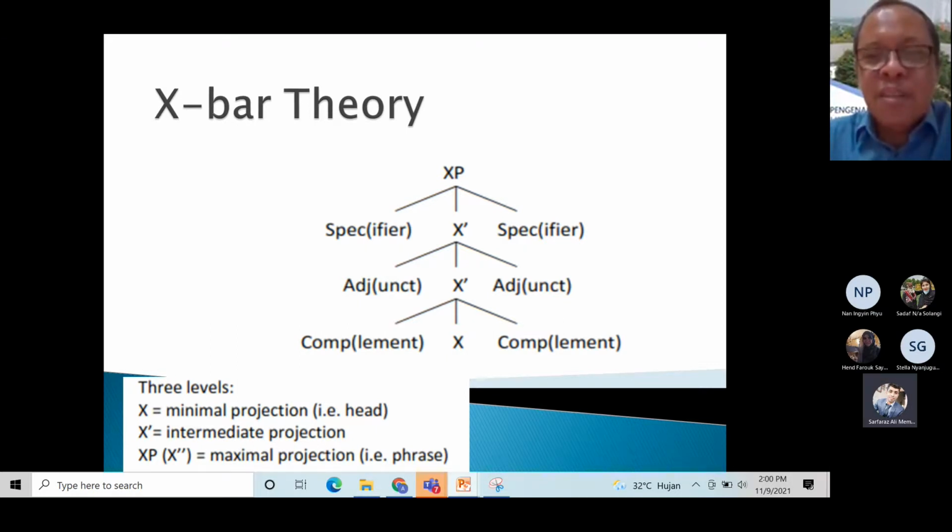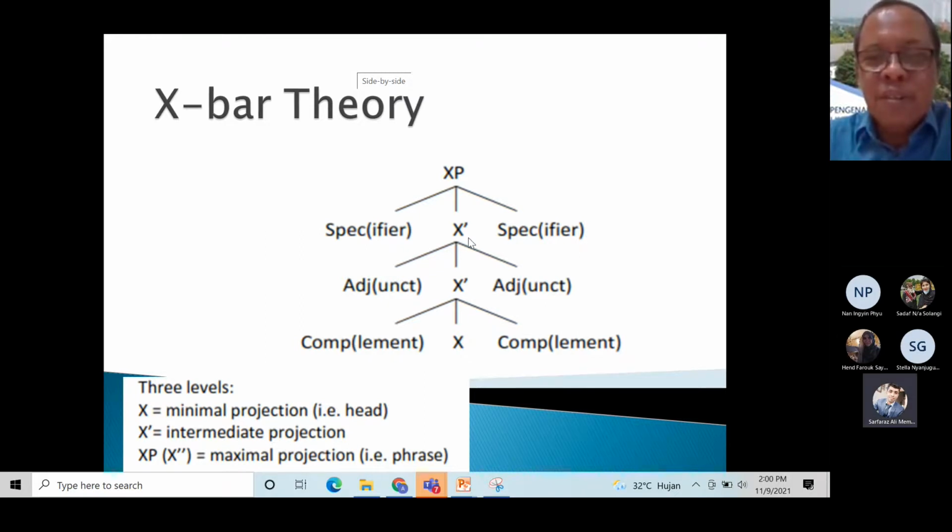If it is a noun phrase, then you replace X with N. Then it goes to N bar, and underneath N bar, go to N bar again, and then you have the adjunct of the noun phrase. If it is a verb phrase, then V bar, and then go to V bar again, and there is the adjunct. So an adjunct will not have XP as its mother node.